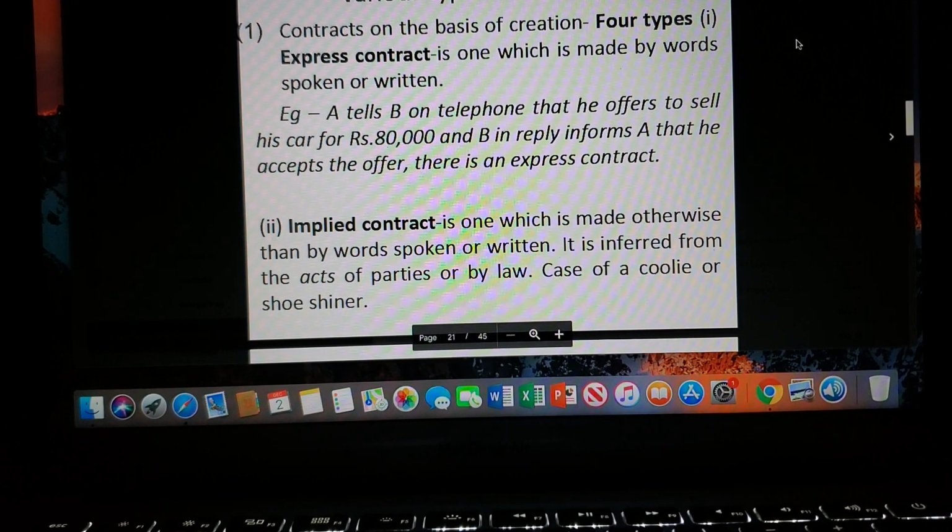Second, implied contract. Implied contract is one which is made otherwise than by words spoken or written. It is inferred from the acts of parties or by law. Case of a coolie or a shoe shiner.